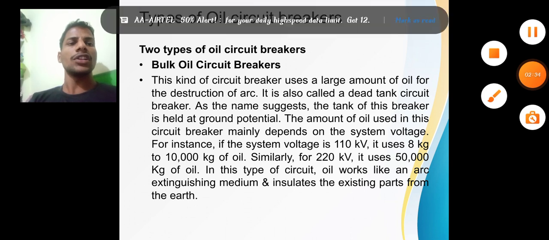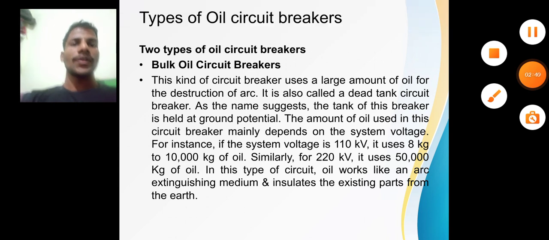Similarly, for 220 kV, it uses 5,000 to 50,000 kg of oil. In this type of breaker, oil works as the arc extinguishing medium and also insulates the live parts from the earth. We use the bulk oil circuit breaker in power systems also.